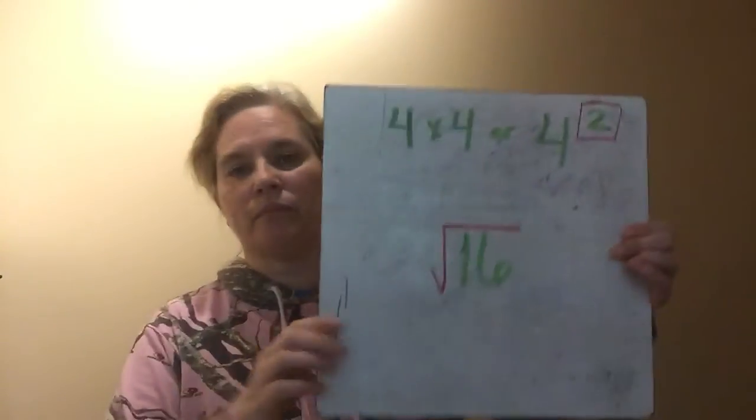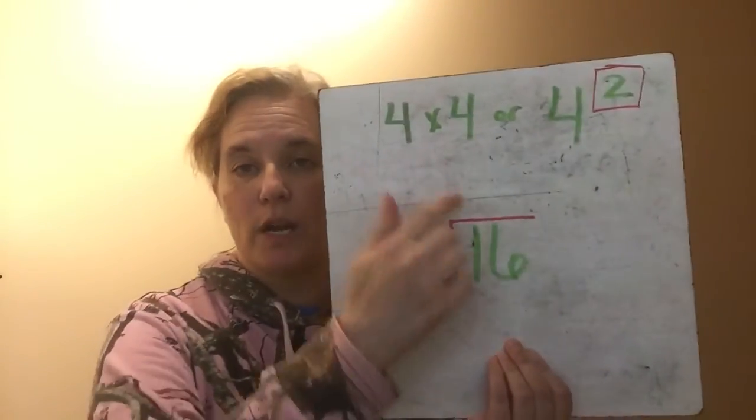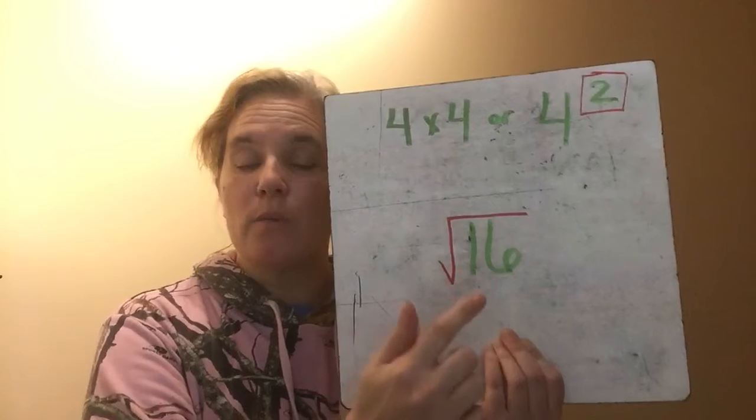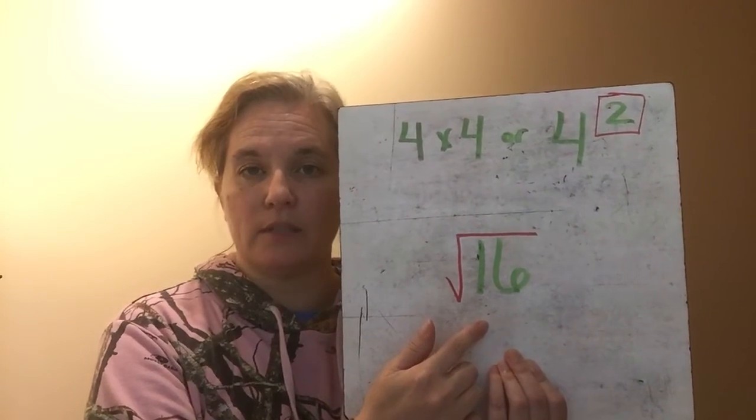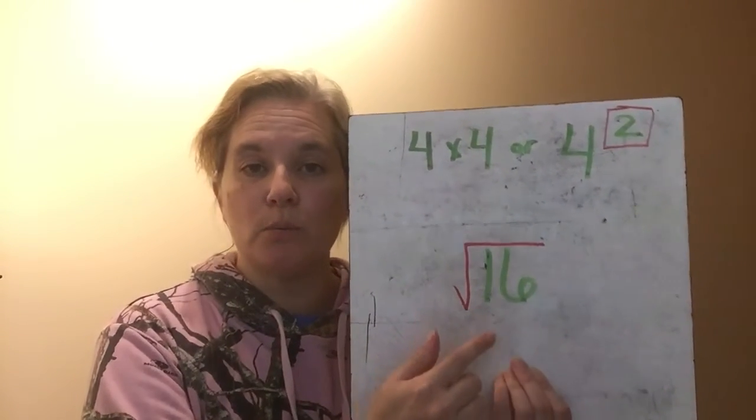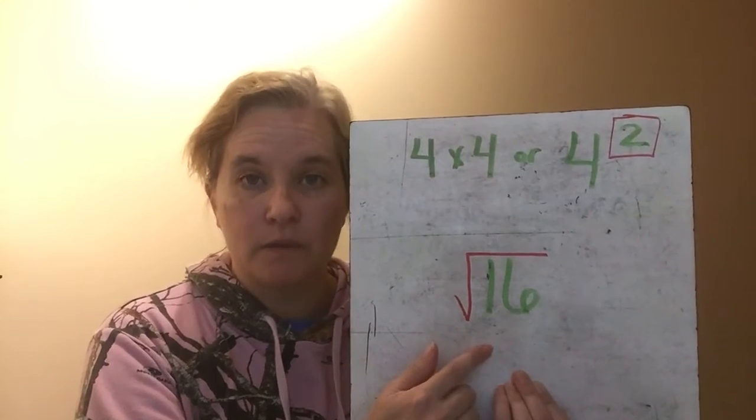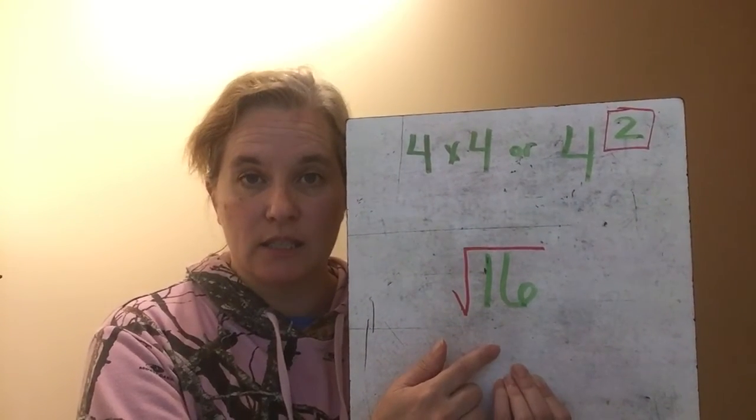This doesn't have that. It only has one number. Let me go ahead and finish. This is read the square root of 25. Okay. So this is read the square root of 16. And what this is saying to you is, what number do you multiply by itself to get to 16?